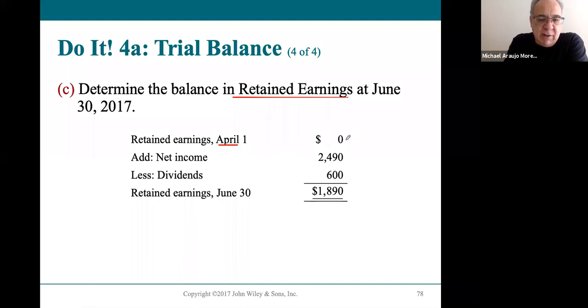Beginning retained earnings are 0. You add your profit of 2,490. You take away your dividends of 600. And your ending retained earnings, 1,890. This is what's going to go on the balance sheet if we did it the proper way. Okay. So that is the first part of learning objective 4 that I wanted to do with you today.